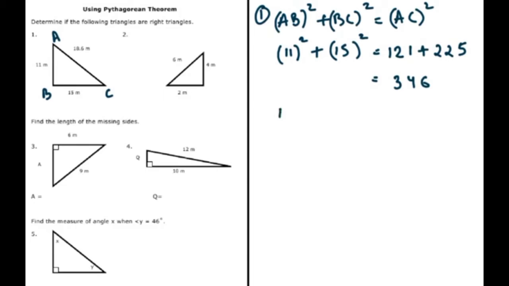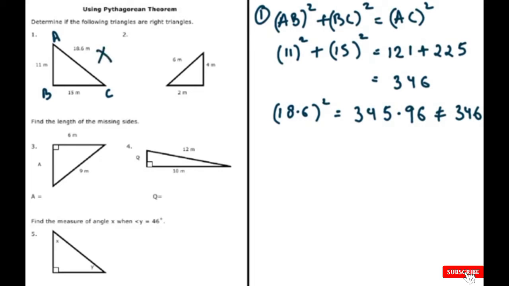Also, let us see if 18.6 square is 346 or not. 18.6 square is 345.96, which is not equal to 346, which means that the given triangle ABC is not a right angle triangle.